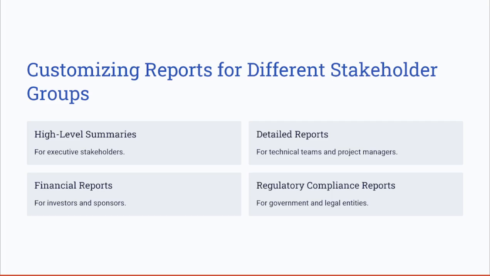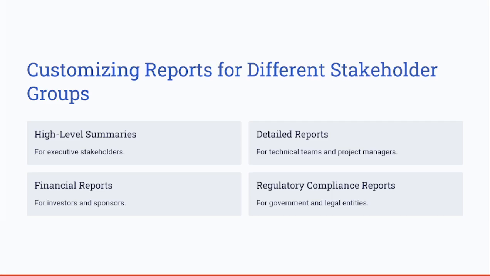We have here some examples of report types and different levels of insight. For example, high-level summaries could be provided for the executive stakeholders. We also have a detailed report, which is used to present updates or status for technical teams and project managers.